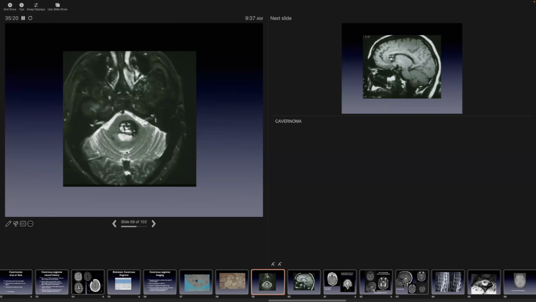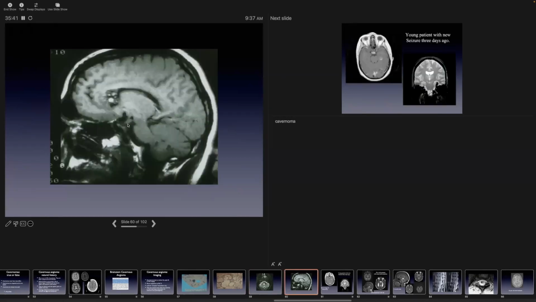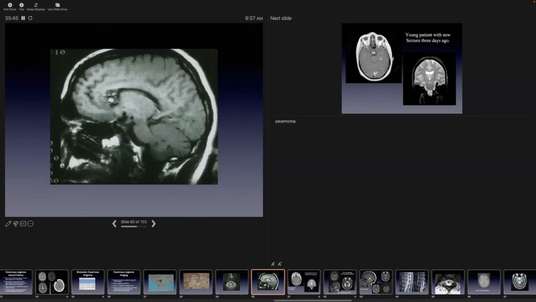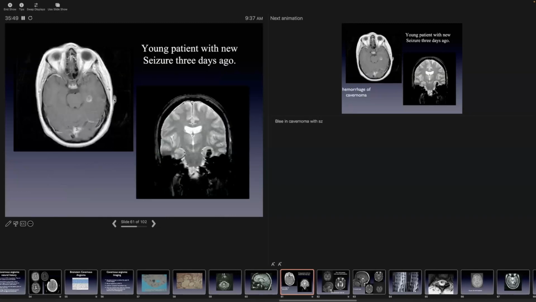So with a posterior approach through the ventricle, this could be resected from the inside to the rim, and in a sense, decrease the patient's risk of additional hemorrhages without worrying about injury to the multiple critical structures within the brainstem.